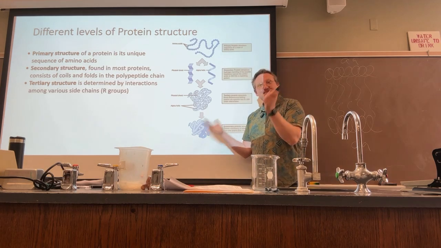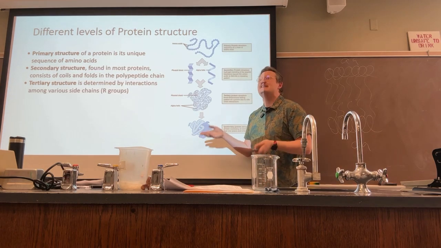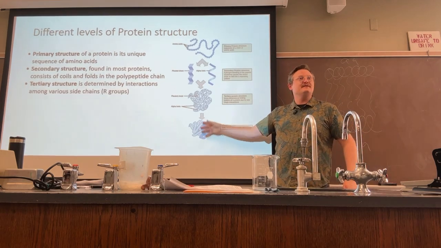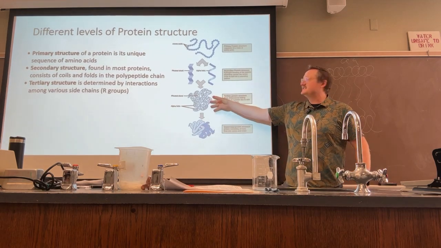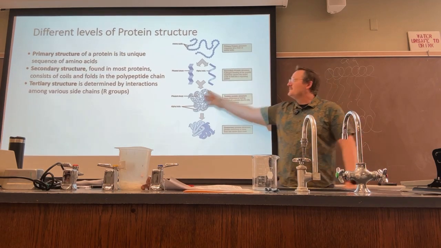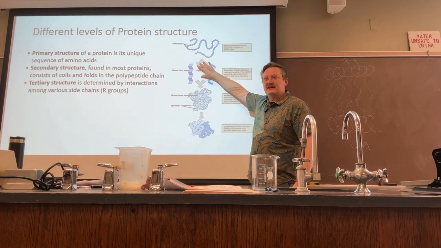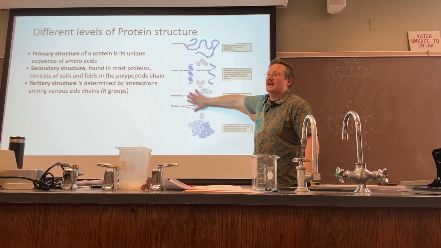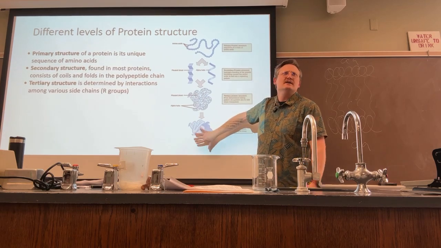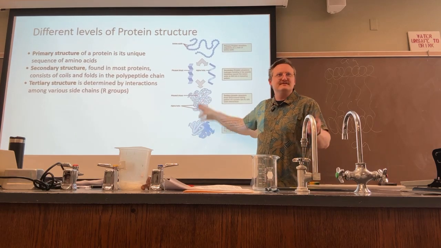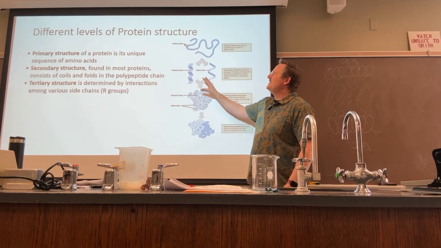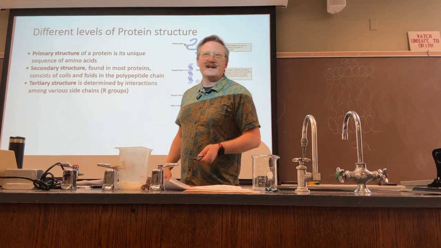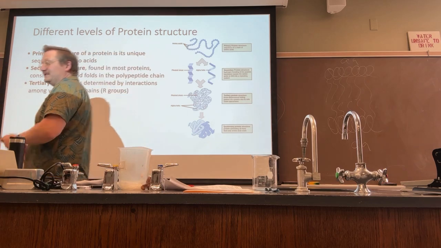So, as you expose a protein to extreme heat or extreme pH, it loses its quaternary structure first, then its tertiary structure, then its secondary structure, because the hydrogen bonds are the strongest of these sorts of interactions forming these levels of structure. And then eventually, if you get something really hot, the covalent bonds will start to break. But that's extreme. Question?